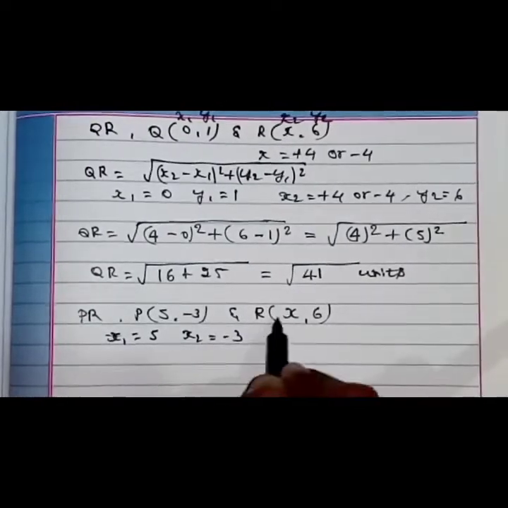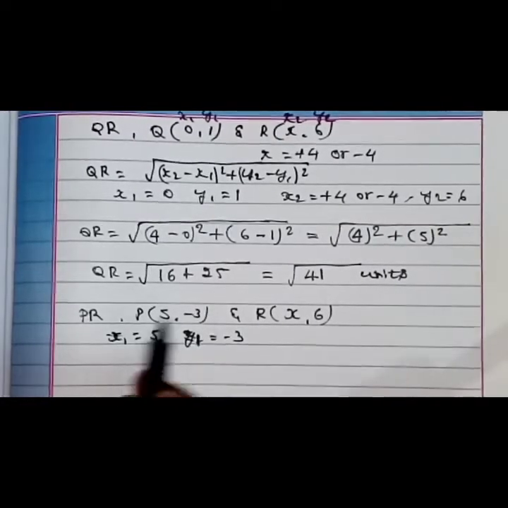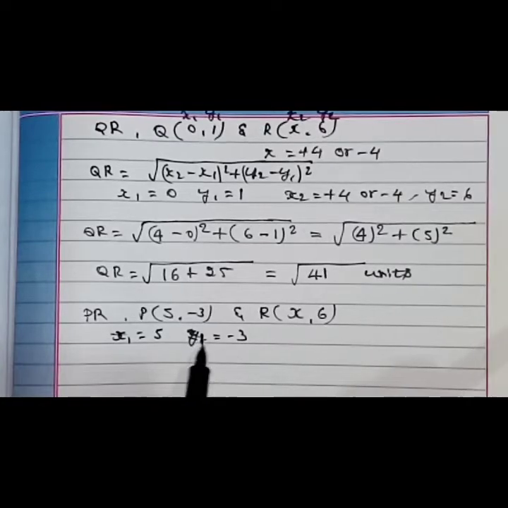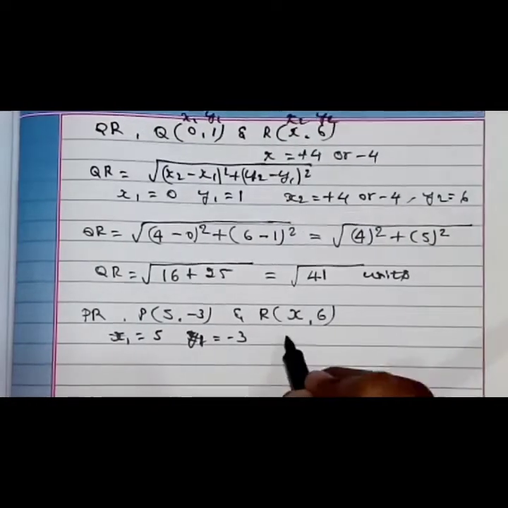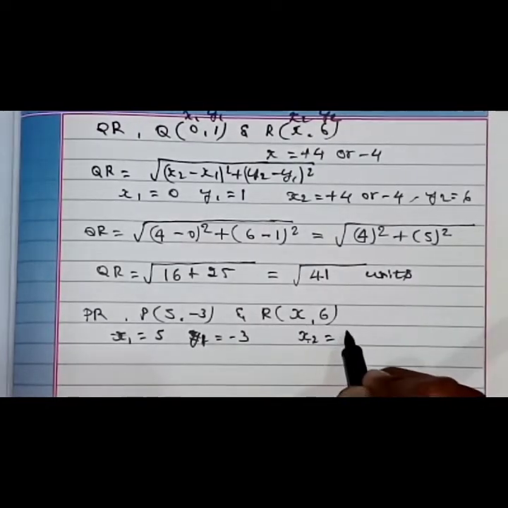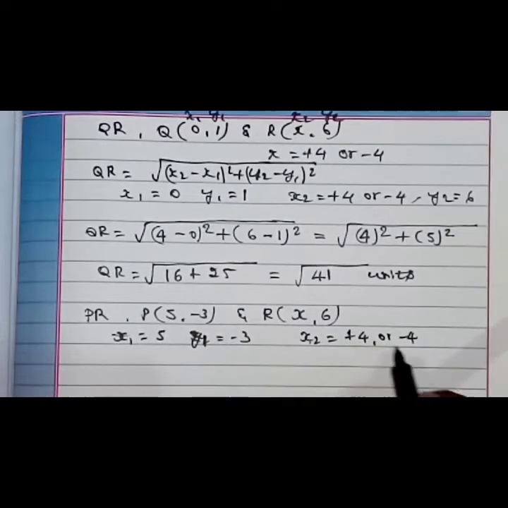Sorry, this is y1. So x1 is how much? 5. Here y1 is how much? Minus 3. Okay, now here x2 is how much? X2 is nothing but the x value, plus 4 or minus 4. You need to apply both values, right?